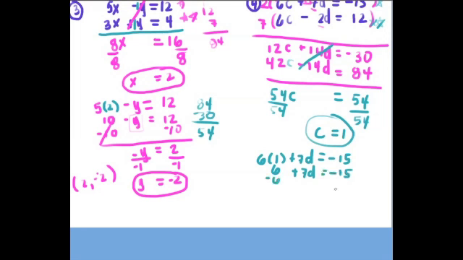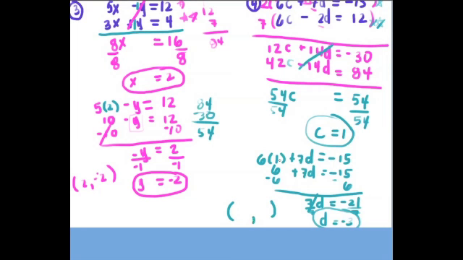Let's move this 6 over, and I have 7D equals -21. Divide by 7, divide by 7. Cancel. D equals -3.